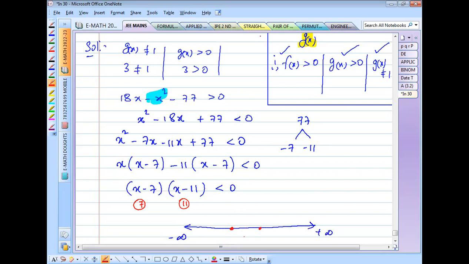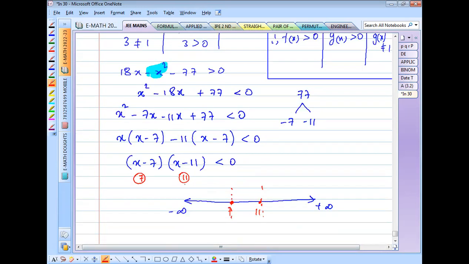The roots 7 and 11 will change the entire real line into three parts: the first part, second part, and third part.